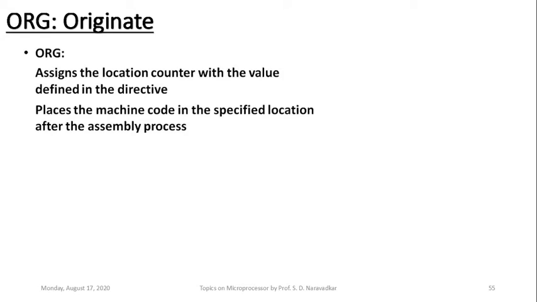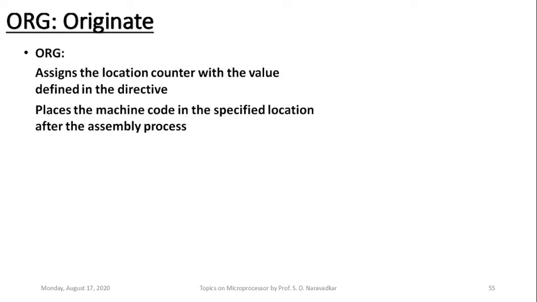By assembly process, I mean that mnemonic-level assembly language instructions are converted to their corresponding machine code, which your CPU understands and directly executes. So whenever the assembly process is over, this machine code must be placed somewhere in the memory locations, of course random access memory locations.